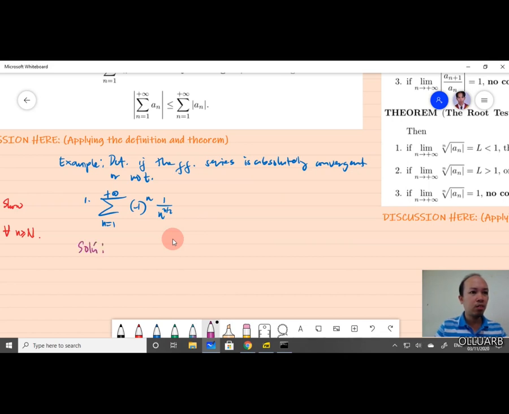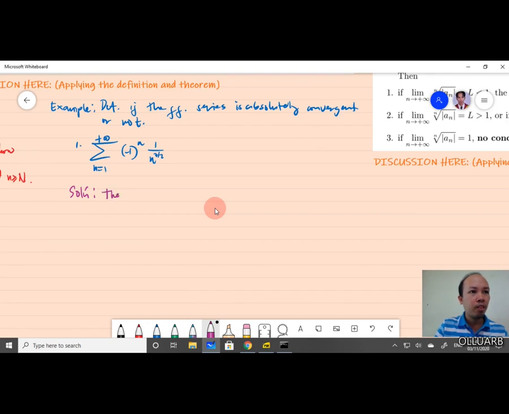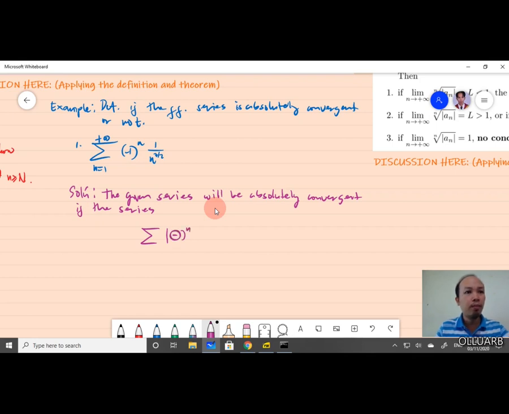Solution: the given series will be absolutely convergent if the series, summation of the absolute value, using the definition, of (-1) to the n times 1 over n to the power of 3 halves, starting from 1 to positive infinity, is convergent.